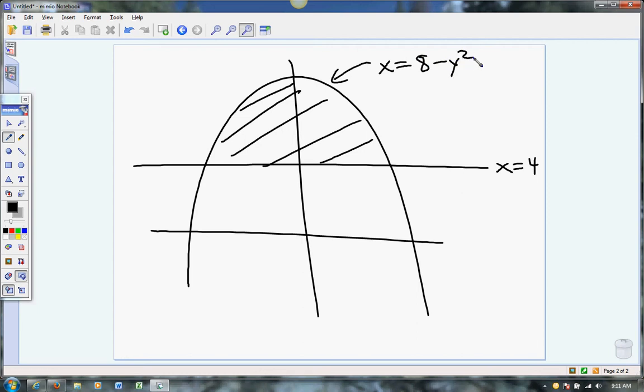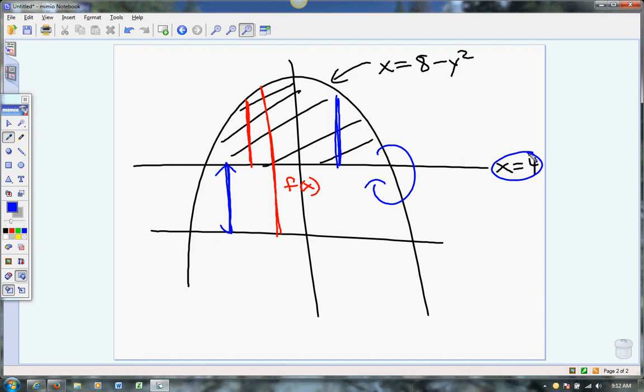And I wanted to know what this radius is, so that I can figure out what it's going to look like when I rotate this thing. Well, I think we can see that this radius is going to be the entire function value, f of x, and then I have to subtract this piece right here. And in this case, that was 4. So it would be the function minus 4. Whatever these function values are, if I subtract the 4 from it, it will always give me this radius.